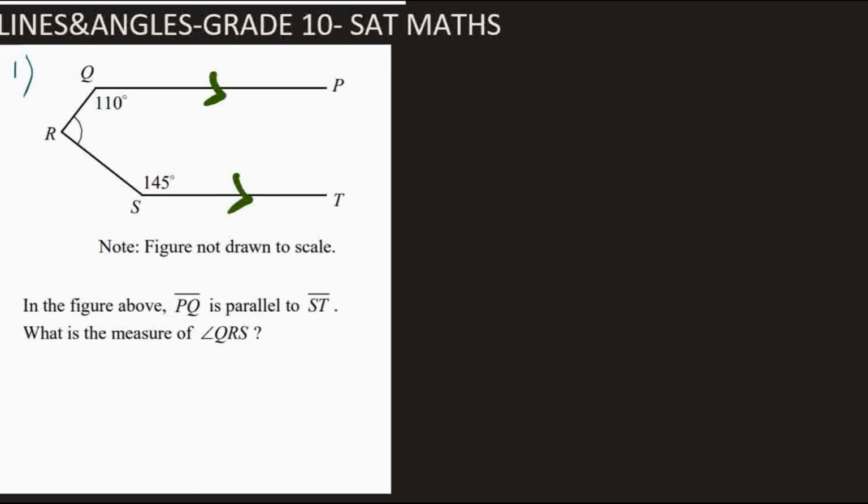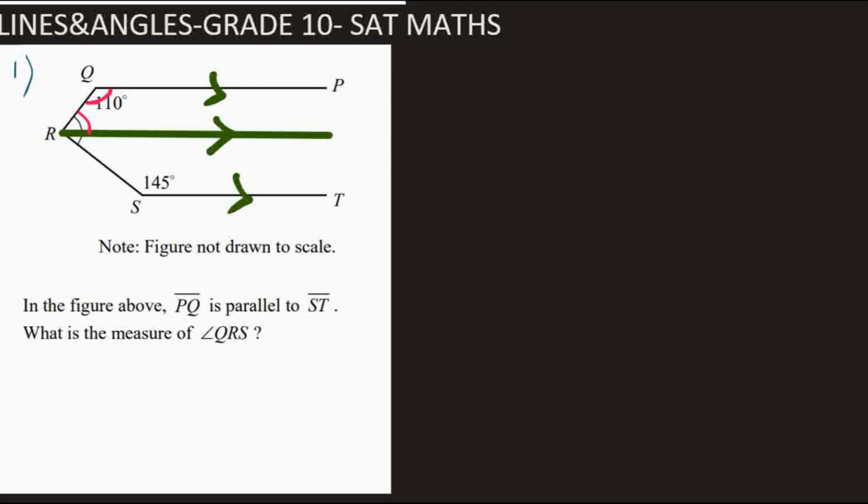Now we have learned the concept of parallel lines. There are pairs of interior angles. So we draw here a parallel line from R. Now we have the interior angle. This one's 110. This 110 plus this one equals 180.